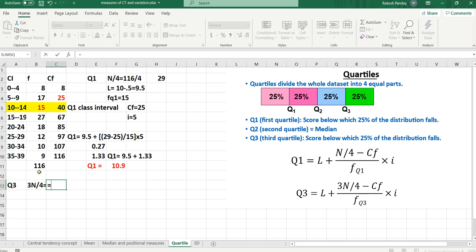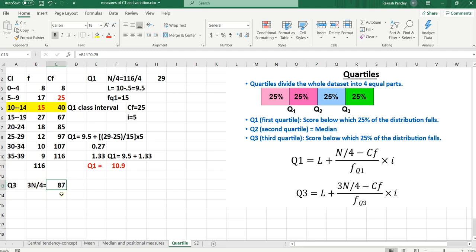So this is n, 116 into 0.75. This is 87. So 3n by 4 is 87. But you can also do it by multiplying 116 by 3 and then dividing the whole by 4. But this is 87. Now, what is this value telling?